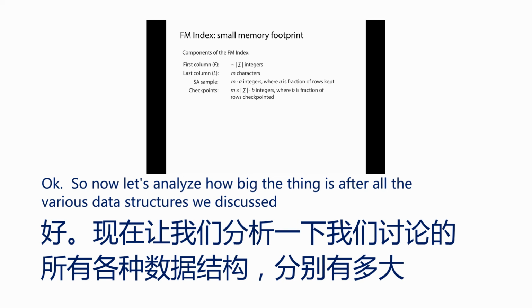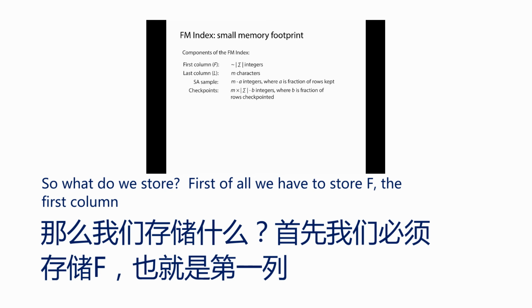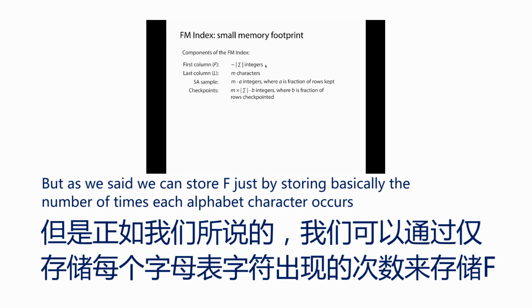Okay, so now let's analyze how big the thing is. After all the various data structures we discussed, how big is this FM index? So what do we store? First of all, we have to store F, the first column, but as we said, we can store F just by storing basically the number of times each alphabet character occurs.